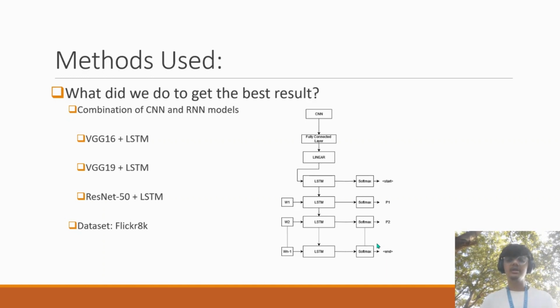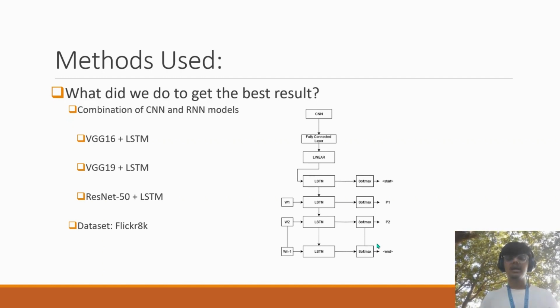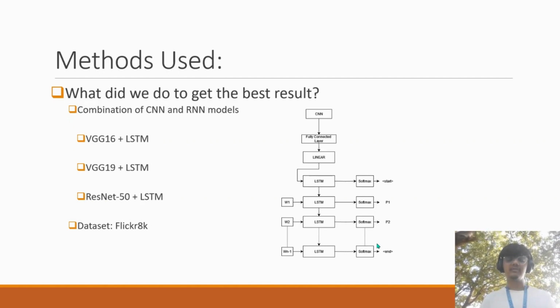The RNN model then creates captions for the image. Now to verify whether the captions generated by the model are correct or not, we use the Flickr 8K dataset, which has inbuilt annotated captions with the images itself.